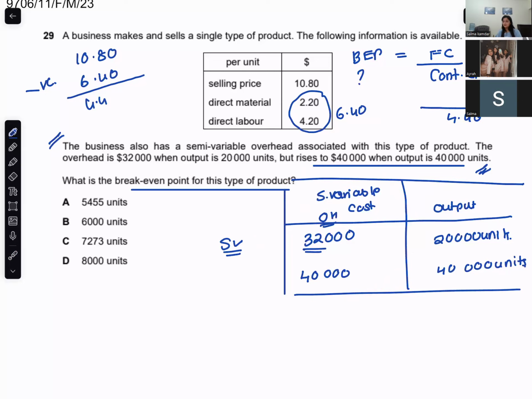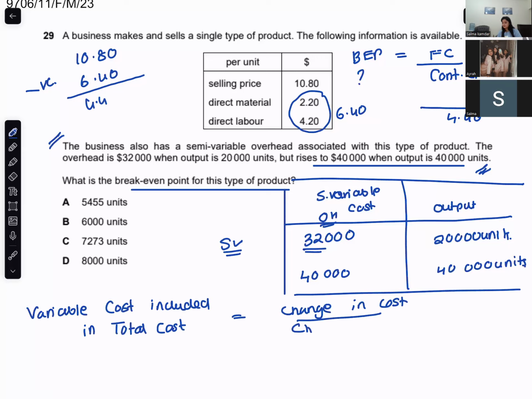How do you get it? You have to find the variable cost included in total cost. How do you find it? Per unit basis: change in cost upon change in output.